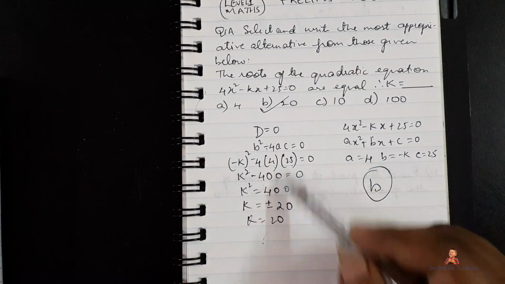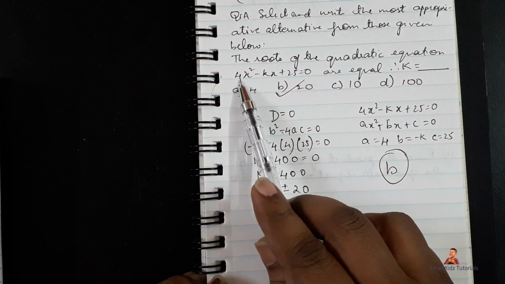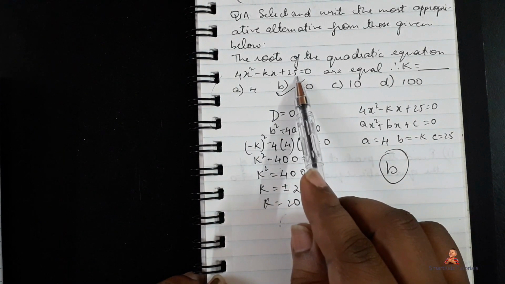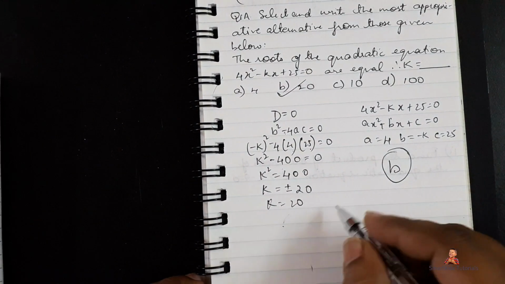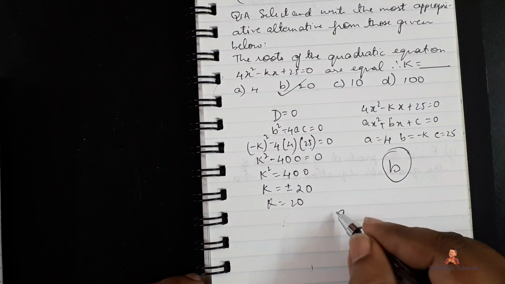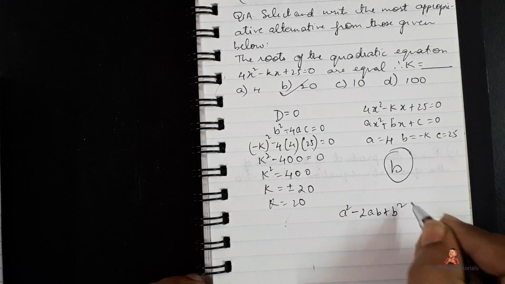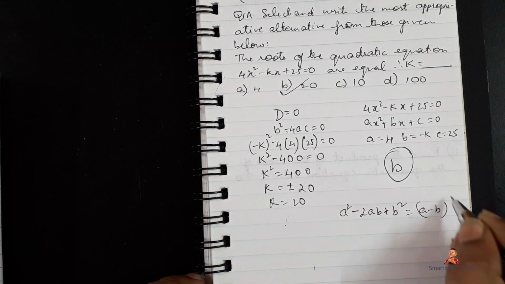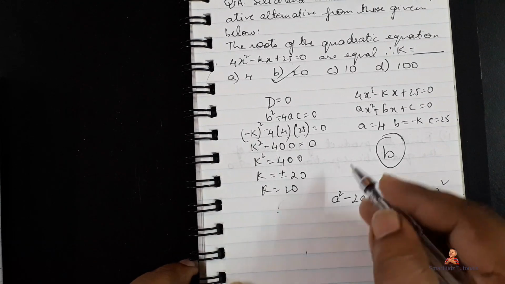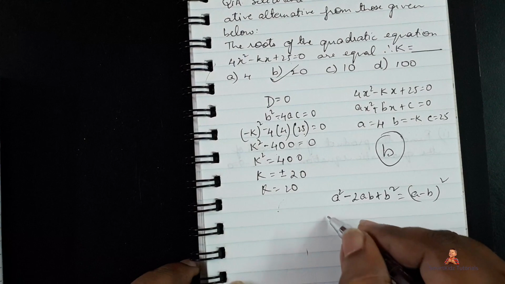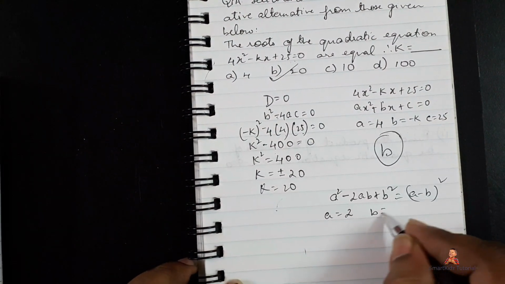Even if you don't go via the discriminant route, if you look carefully, 4 is a perfect square of 2 and 25 is a perfect square of 5, which means this is in the form a square minus 2ab plus b square. So this is the a minus b whole square identity. If we compare, a square is 4, so a should be 2, and b square is 25, so b should be 5.